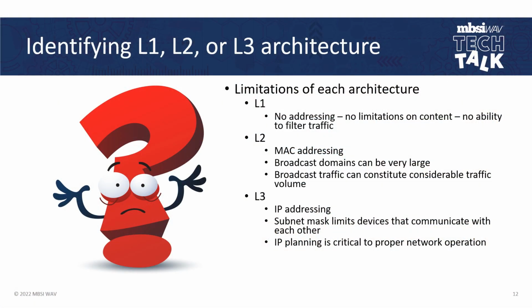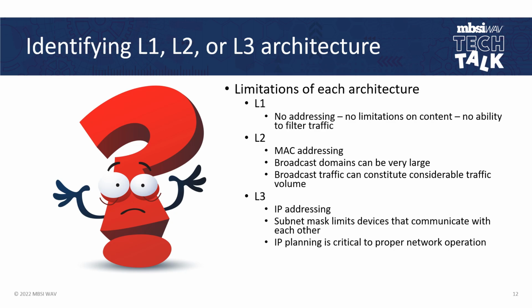In a layer 3 network, IP subnetting limits the devices that can communicate with each other. We can configure the subnet to include more devices or fewer devices, depending on what we want to do with the traffic in our layer 3 network. So typically, layer 3 networks are the most concise networks because you can size them exactly for the size you need.